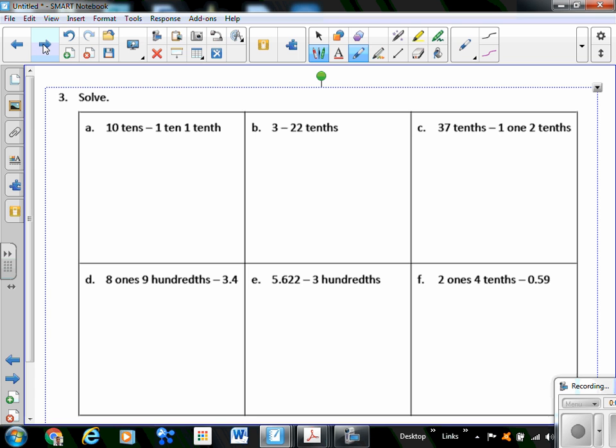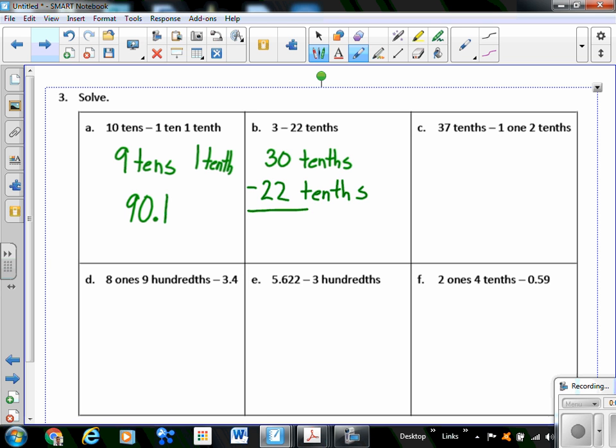If I have 10 tens and I take 1 ten away, that gives me 9 tens, and it still is 1 tenth. 9 tens would give me 90. 1 tenth would look like that. 3 minus 22 tenths. 3 can also be written as 30 tenths minus 22 tenths is going to leave me with 8 tenths, or decimal point 8.